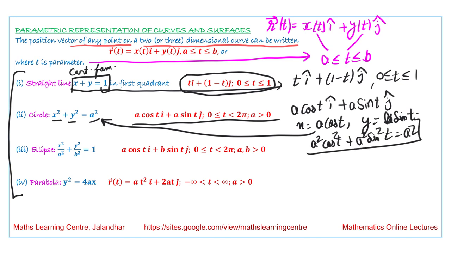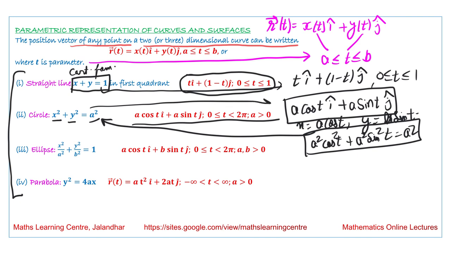It satisfies this equation. So the parametric form of the circle is a cos t i cap plus a sin t j cap. You should remember these parametric forms because they will be useful when we are solving certain problems.